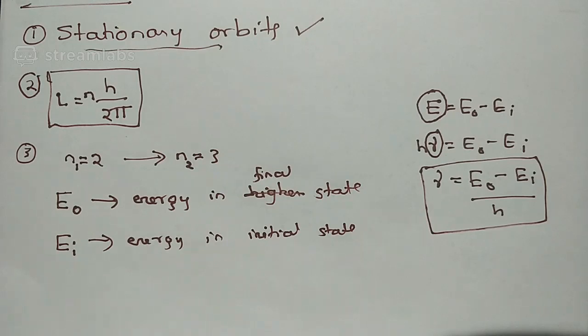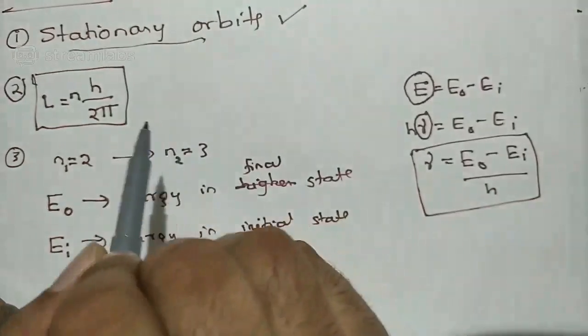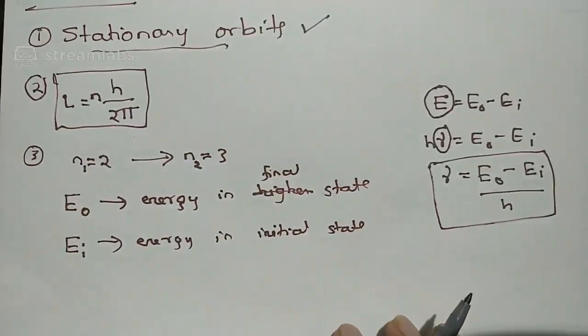So if the question is asked, what is the stationary orbit, what is your answer? The answer is, a stationary orbit is the one in which a moving electron does not radiate energy. He treated the electron as a wave, not as a particle. You have to remember what Maxwell said, that is for a charged particle, the velocity of the particle is very small, so that the wavelength associated with the electron is very high.